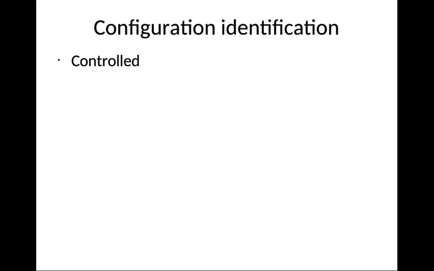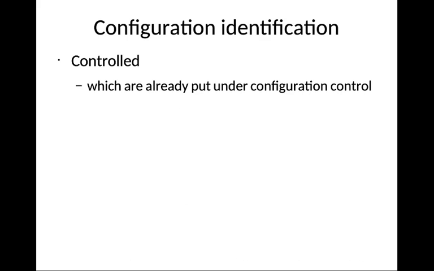First one is configuration identification. Here the project manager has to classify the objects associated with that software into three categories: controlled, pre-controlled, and uncontrolled. Controlled objects are those objects which are already put under configuration control.